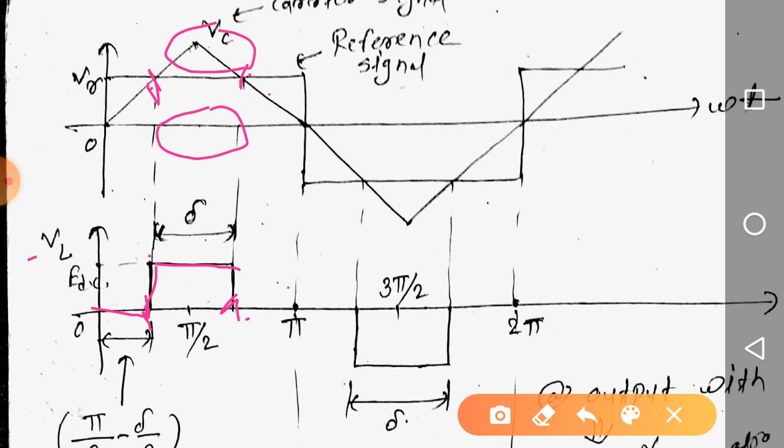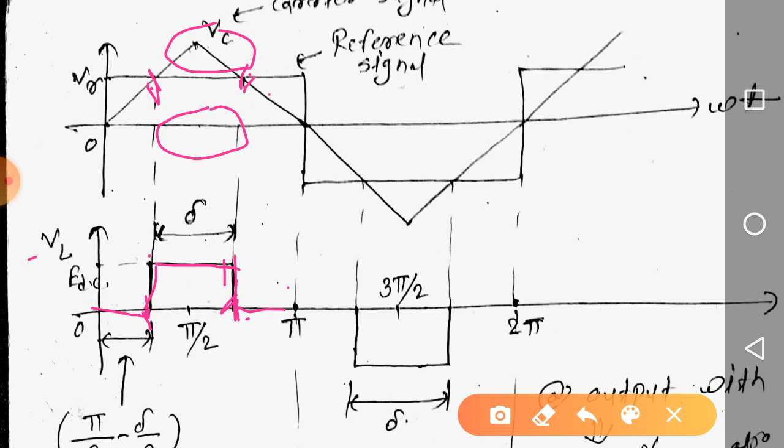After this instant, VC becomes less than VR. If VC is less than VR, trigger pulses are not generated, so S1, S2 turn off, and then output voltage will be again 0. Are you getting the point, right?